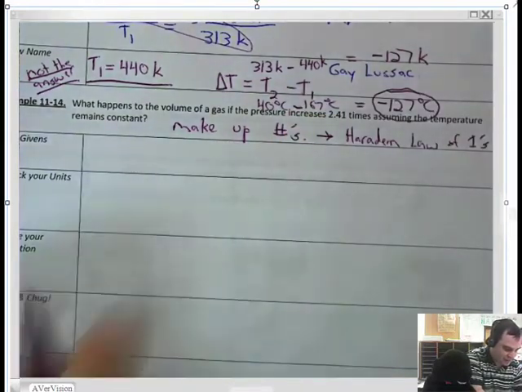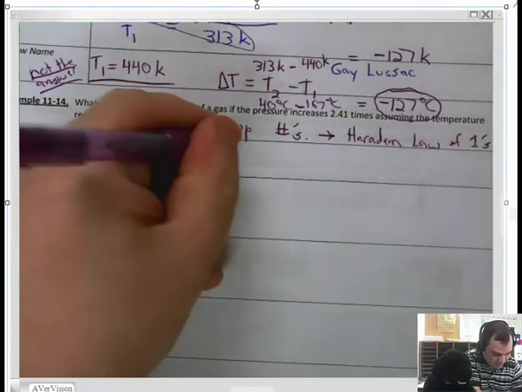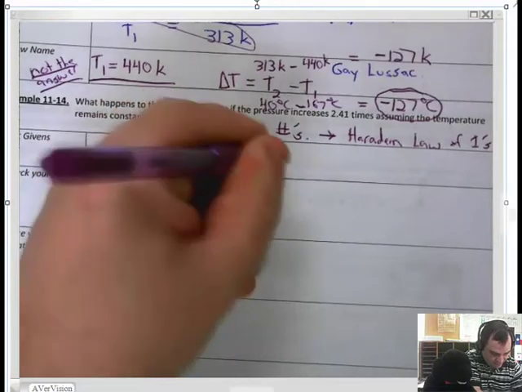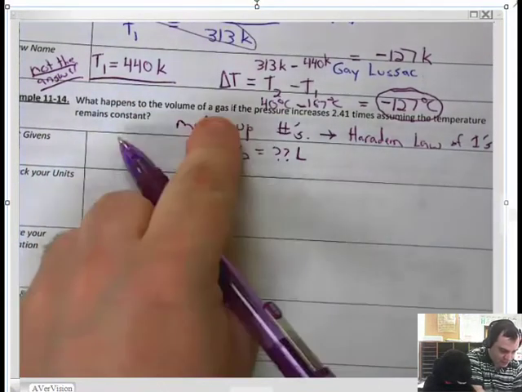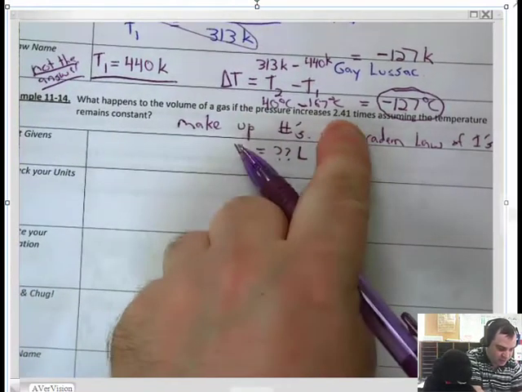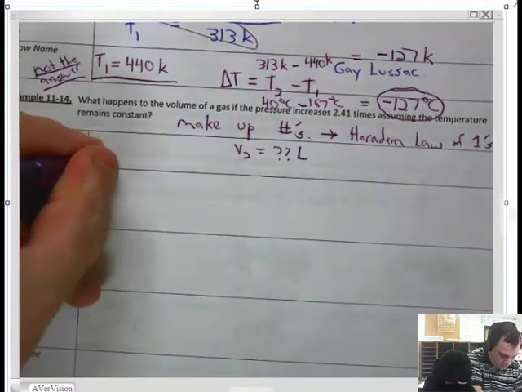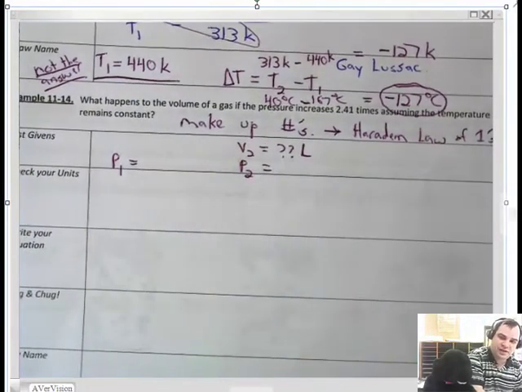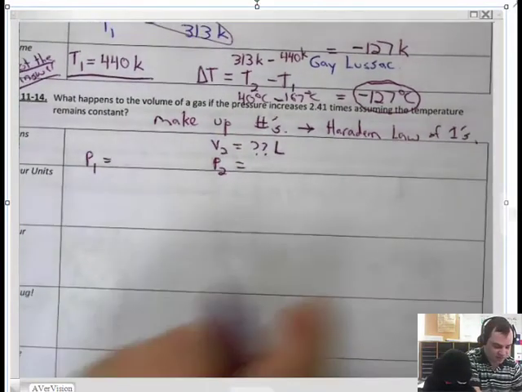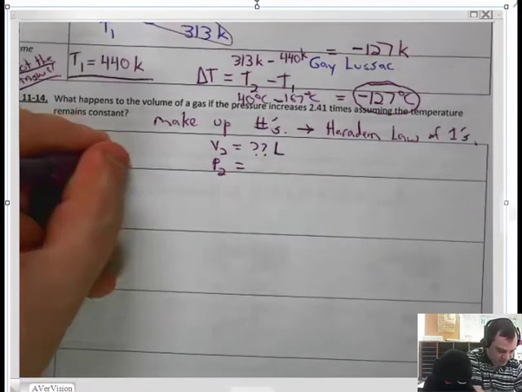So, what happens to the volume of the gas? I'm going to look for the volume of a gas, and I'm going to put in liters. If the pressure increases 2.41 times, I'm going to have a pressure 1 and a pressure 2. To make my math easy, I'm going to use pressure 1 as 1 atmosphere.